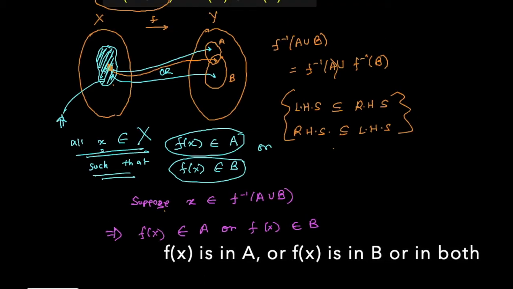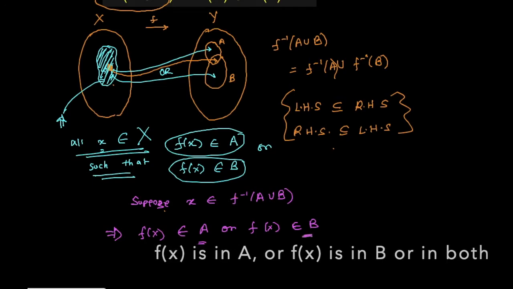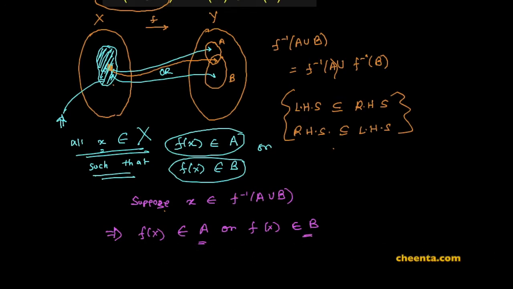So f of x is in A or f of x is in B, but that would mean that either x is in f inverse A, or x is in f inverse B, right?